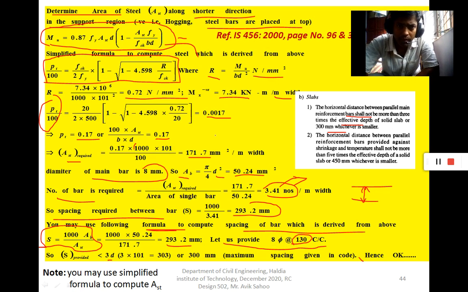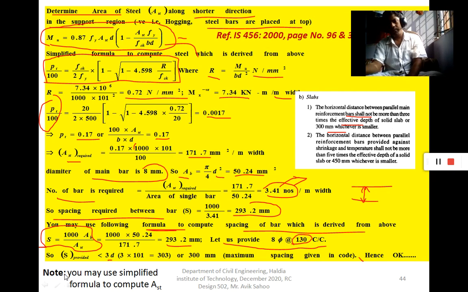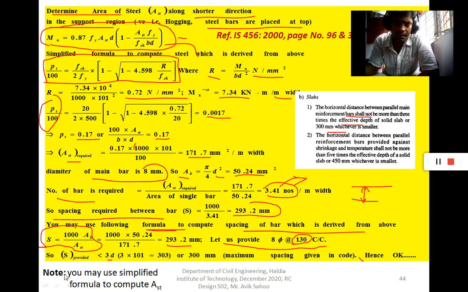So for the support moment, 8 phi at the rate of 130 center to center is placed at the top in the support region, in both directions, longer and shorter. As we have mentioned, we are finding the reinforcement considering the maximum moment, and for the lesser moment the same reinforcement is used.